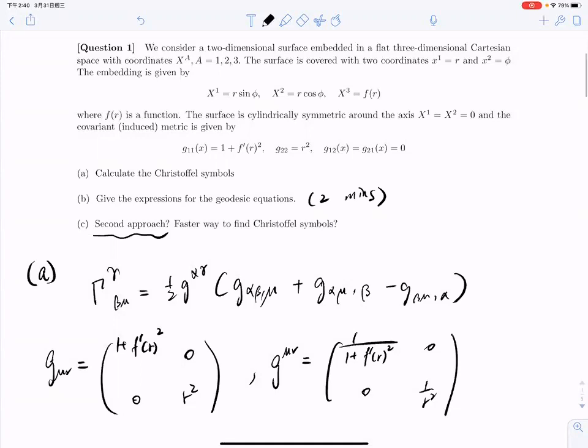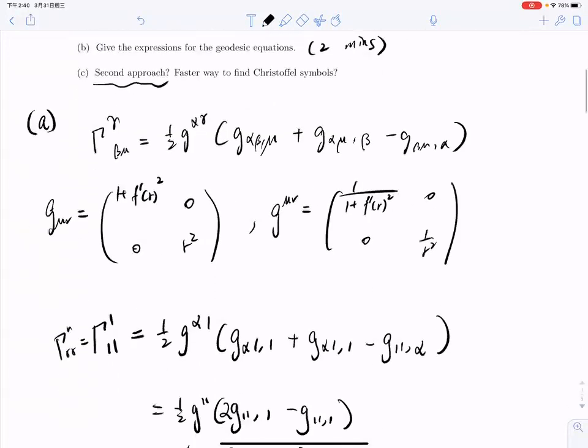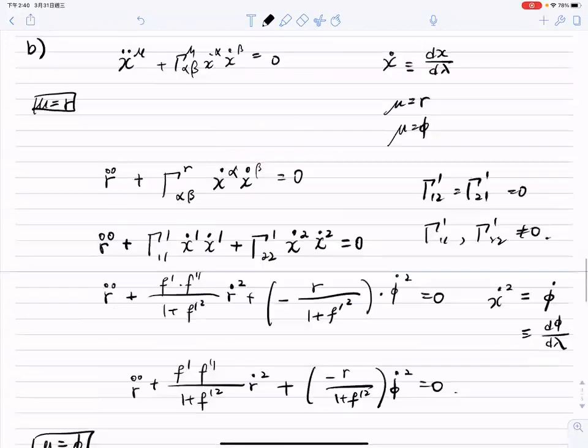Like for a triangle, the angles equal 180. But due to some curvature in some general coordinate curved space-time, the sum of the angles of the triangle would not equal 180 degrees. So why am I telling you about the Lagrangian?